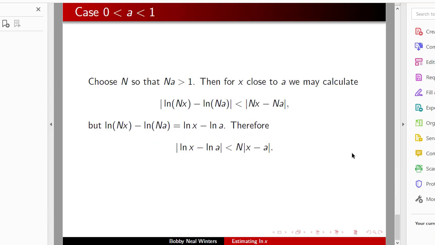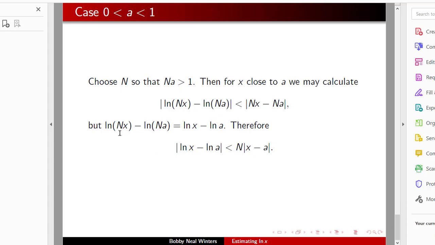Okay, now suppose that 0 is less than a is less than 1. What we do, we find a number N so that N times a is bigger than 1. Then for x close to a, we may calculate the absolute value of the natural log of the difference, which is equal to the absolute value of the natural log of Nx minus the natural log of Na.